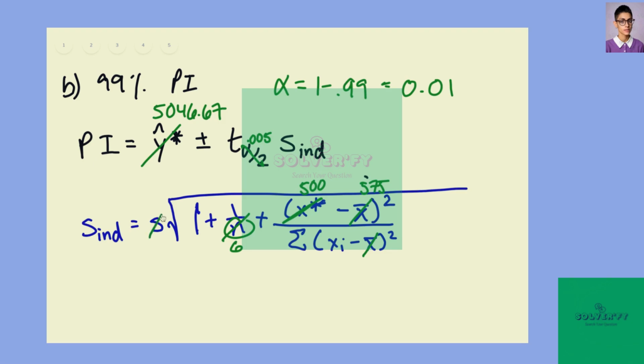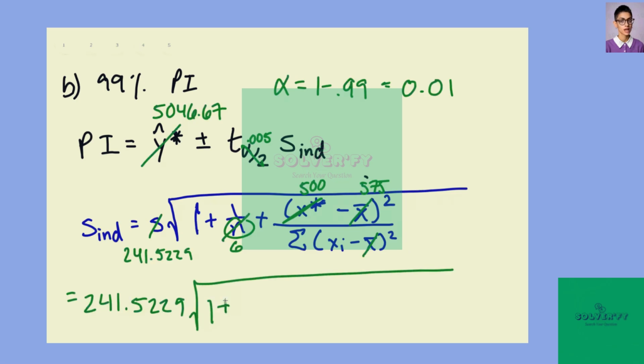This is equal to 241.5229 times the square root of 1 plus 1/6 plus 500 minus 575 squared over, and now on a different page, let's calculate this value.